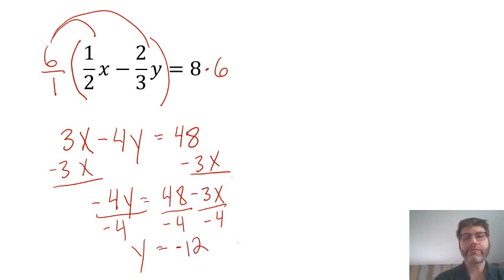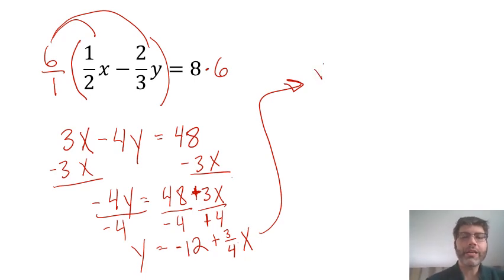And then -3x over -4, those two negatives cancel out to be positives. So that would be plus 3/4 x. Okay, now let me move it up here so we have a little bit more room. So we have y equals -12 plus 3/4 x.